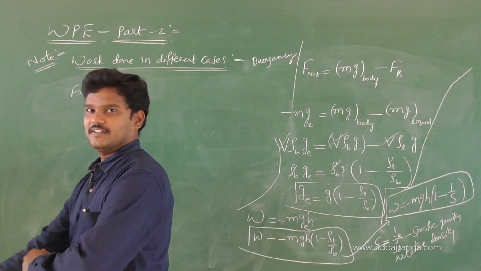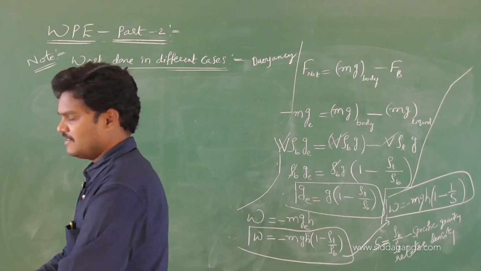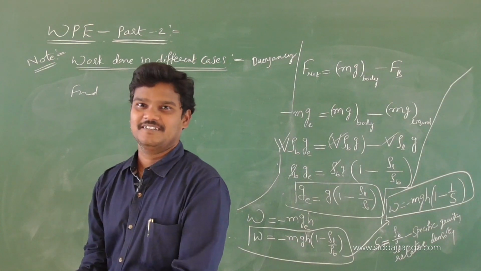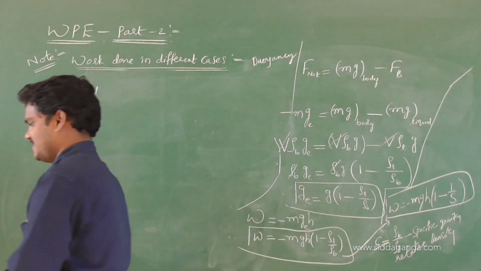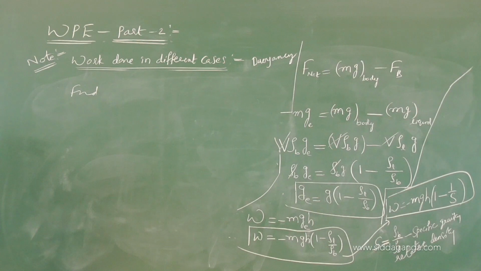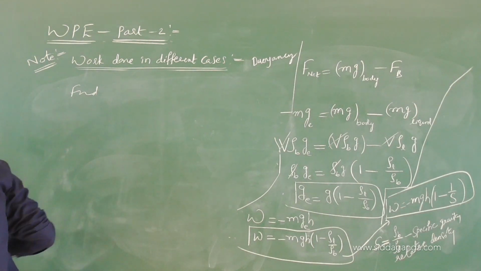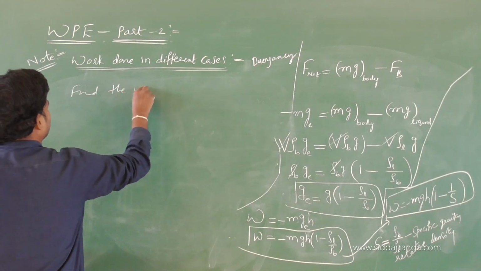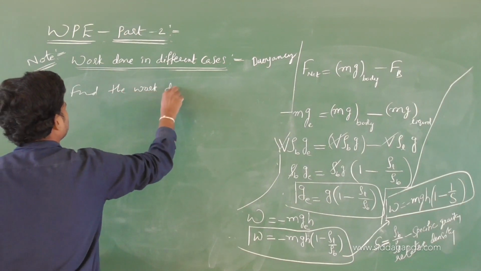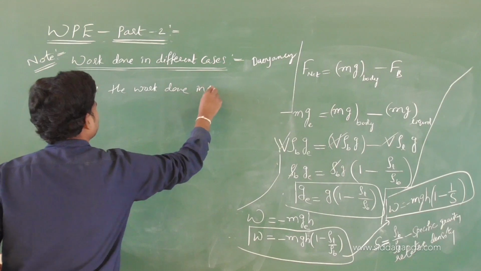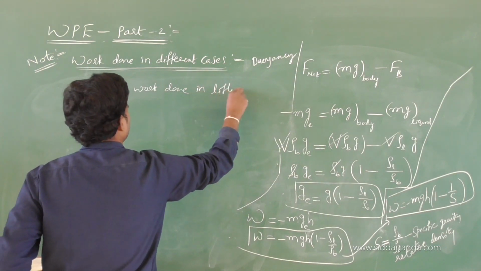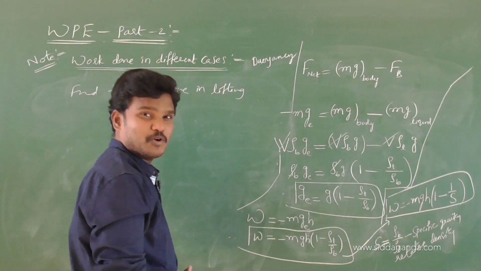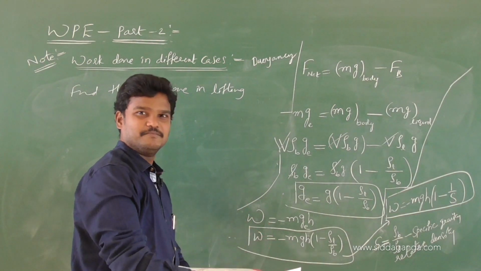It's a better way, so that we will get the correct answer. At the start of the problem itself, some data was insufficient. No need to worry. So find the work done. I am giving the proper question now. Find the work done in lifting. Generally we will play with problems. That's why I did it at the start, but that is also good.